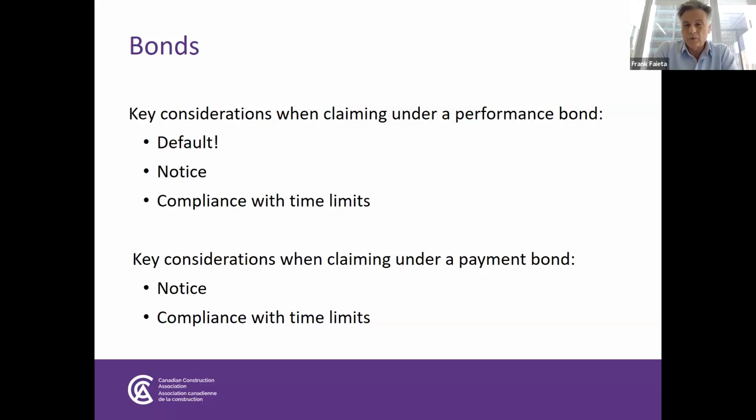So in this slide, we're looking at performance and payment bonds and key considerations when making a claim under each, right? So they're almost identical points, except for one point under performance bond, which is default. It's got an exclamation mark behind it, which is important. It's very important to understand how default works in a contract and how it works under a performance bond claim.